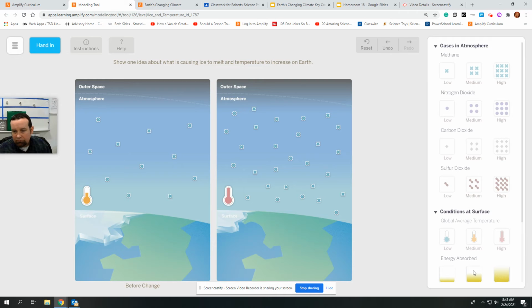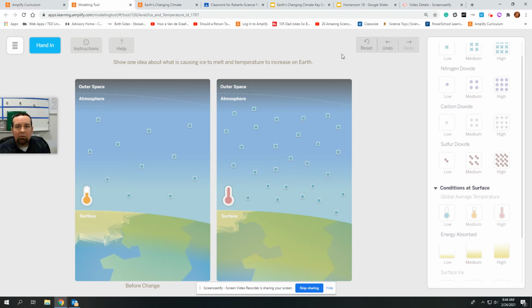And I can even take my energy absorbed. We've got a medium amount of energy absorbed here, and then a large amount of energy absorbed here. So this is one example. I used methane. You could have also used carbon dioxide for this. Again, nitrogen dioxide wouldn't do anything, so we shouldn't use that.